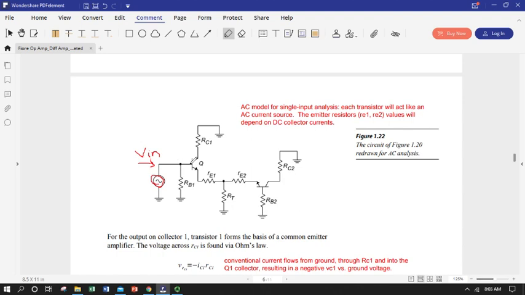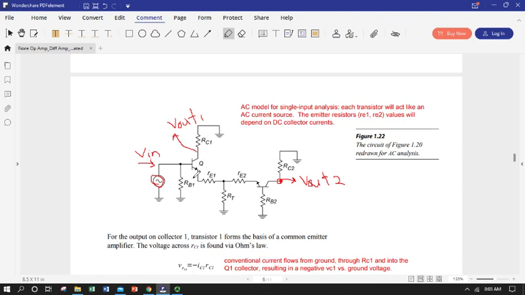And so we're going to apply it to the base of the transistor, and we're going to potentially take signals out, V out 1 and V out 2, at our collectors. So we're common emitter, so we're taking signals out at the collectors. A little bit messy, but we know where our collector potentials are. They're right at the collector end of the BJT.